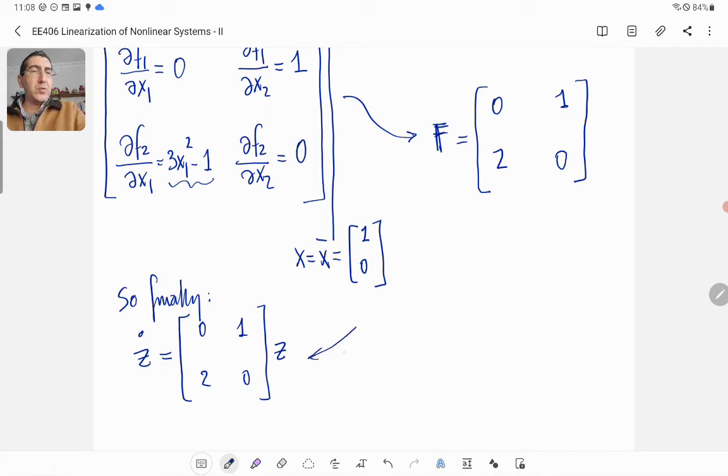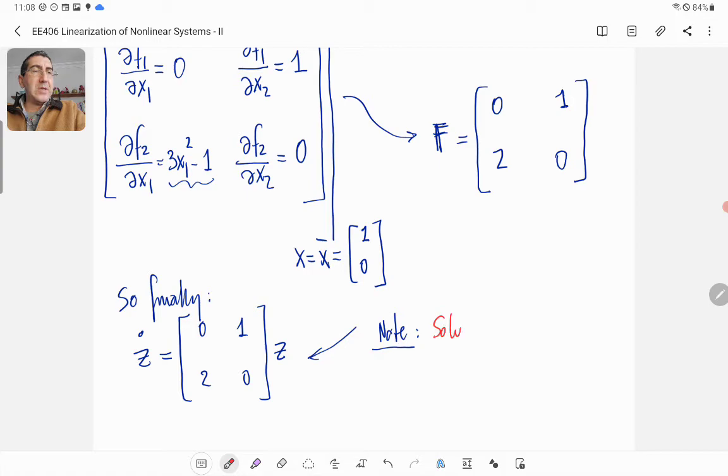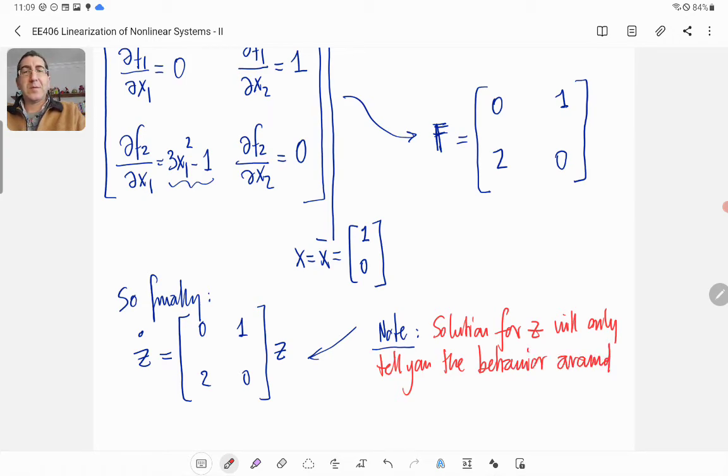So note, the solution for z will only tell you the behavior around the equilibrium point x bar is equal to 1, 0.